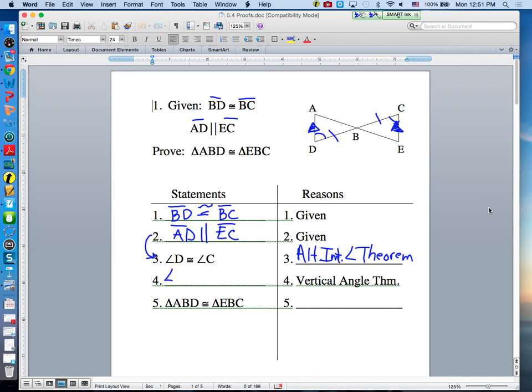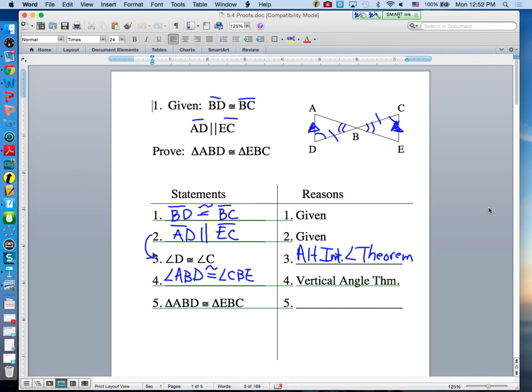Correct? So angle ABD, which is this one, I'll put 2 markings so it's not the same as the first. Angle ABD is congruent to angle CBE. Vertical angle theorem.